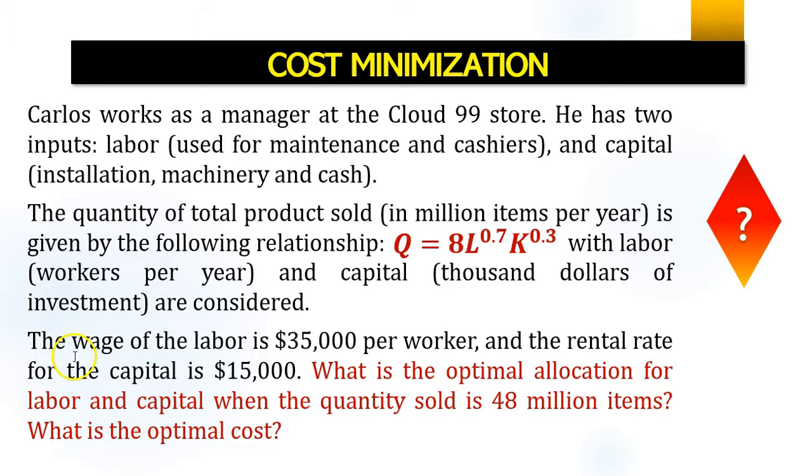The wage paid to the labor is $35,000 per year per worker, and the rental rate is $15,000. The question here is, what is the optimal allocation for labor and capital when the quantity sold is 48 million items, and what is the optimal cost?